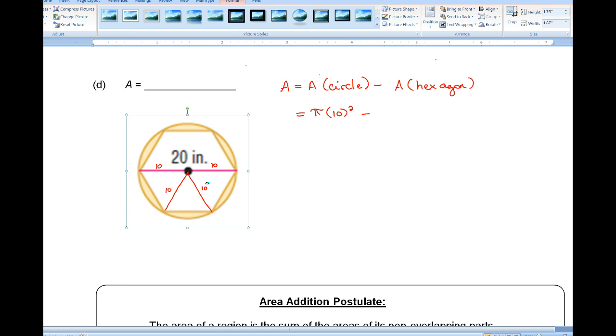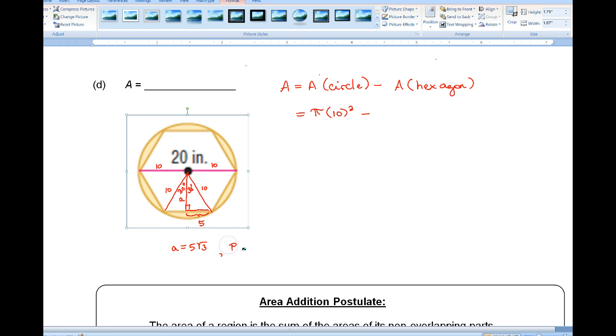It's 360 divided by the number of sides, so 360 divided by 6 is 60. When I draw the apothem, it becomes 30 and 30, so we have a 30, 60, 90 triangle. If 10 is the hypotenuse, this is 5. Good. So A is 5 root 3.